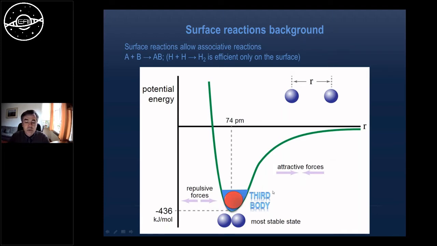In this case, the third body could be anything besides two H atoms. It could be any third atom, any third molecule. It could be the surface of a dust grain, or we quite commonly use in our experiments liquid helium, which is the most inert third body you could imagine.